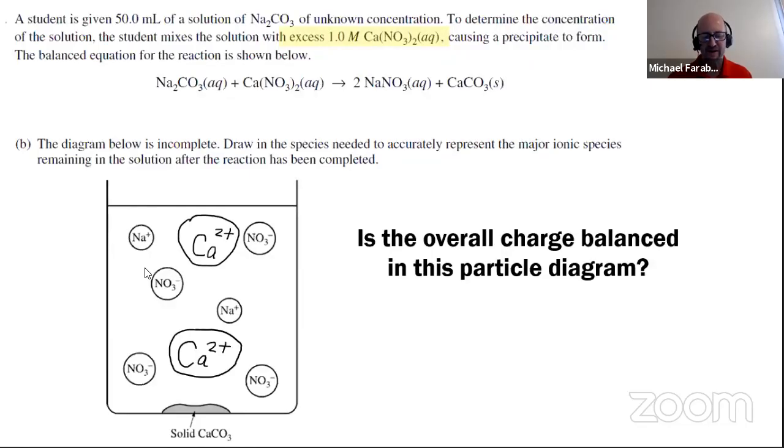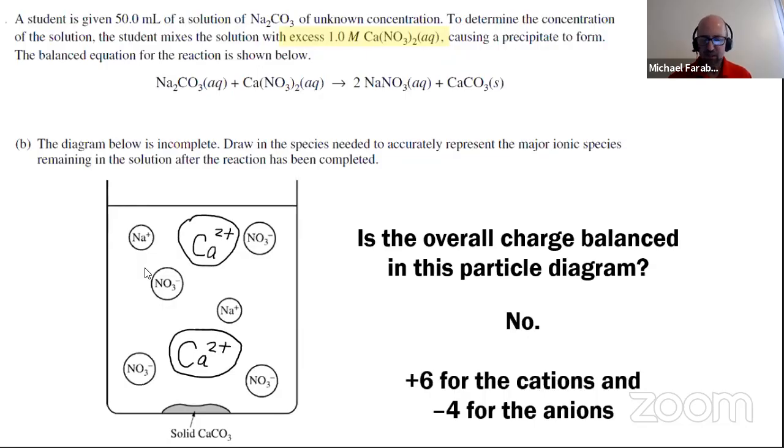But I only have 4 nitrates, and that would be -1 each. So unfortunately, if students put 2 calcium ions into their answer, they did not receive credit because the charge balance was not taken care of.